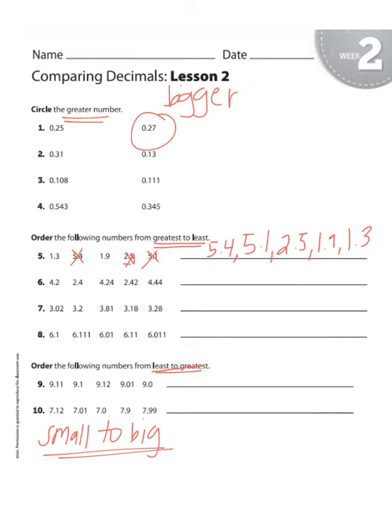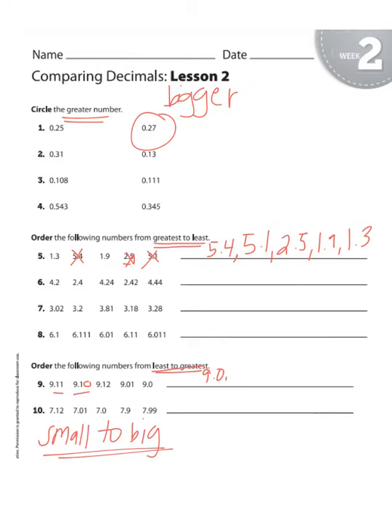Okay, so they all start with 9. So after that decimal point, I have 0.11, 0.1. Okay, this would really have a 0 on the end. 0.12, 0.01, or 0.0. Well, 9.0 is my smallest. So 9.0, that's going to be our smallest number.